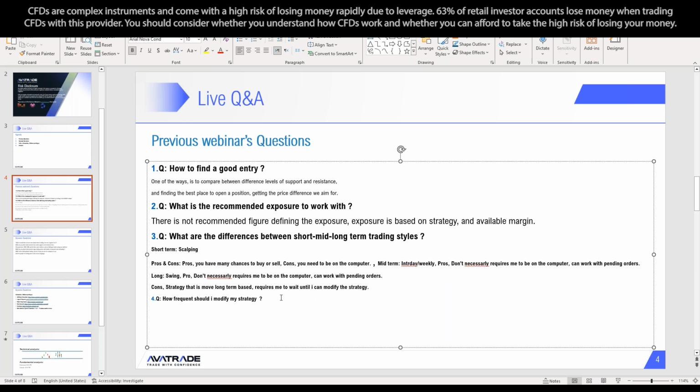Okay. How frequently should I modify my strategy? Who thought about doing that? Modify my strategy? I thought a strategy is something that stays forever, right? You guys, what do you think? Are you modifying your strategy?